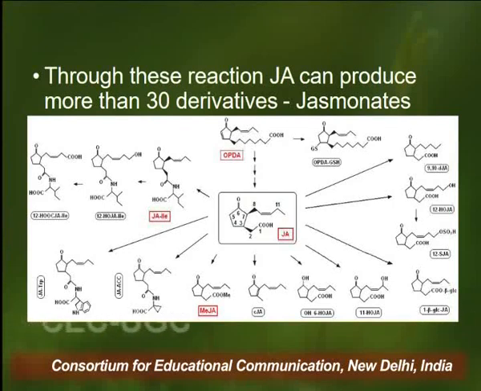Apart from that, certain minor derivatives are there, like 11-hydroxy jasmonic acid or 6-hydroxy jasmonic acid, and so forth. So these are the various modifications through which jasmonic acid undergoes and produces different types of derivatives.